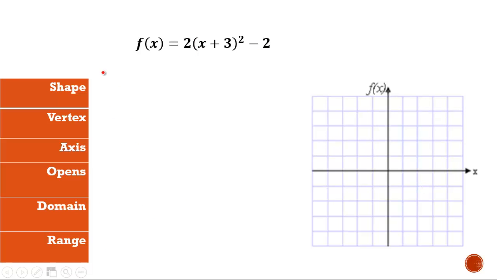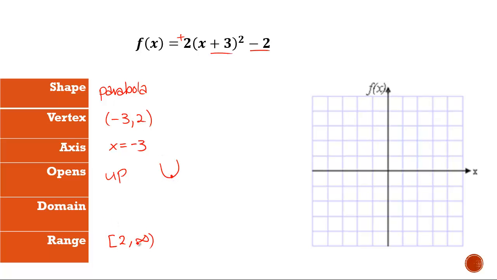This one, again, is a parabola with vertex (-3, 2). The axis of symmetry is at x equals -3. And it's opening up because it's positive. That determines our range, because it'll be from the y value of 2 all the way to infinity, domain being all real numbers.